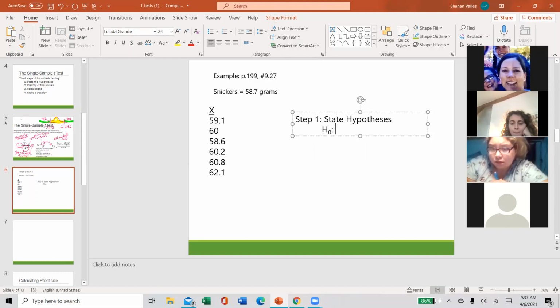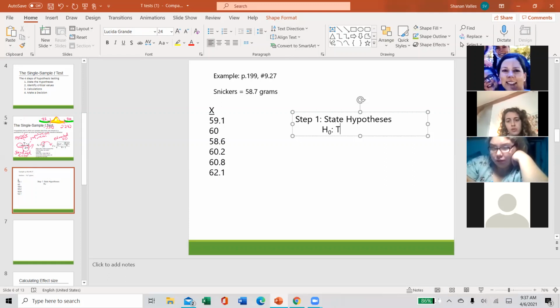There's definitely wrong ways to write hypotheses, but there are a lot of right ways to write it. There's a lot of different ways people can write in their own words what they think the hypothesis is, okay? So just remember, with the null hypothesis, they always state that there's not going to be a difference.